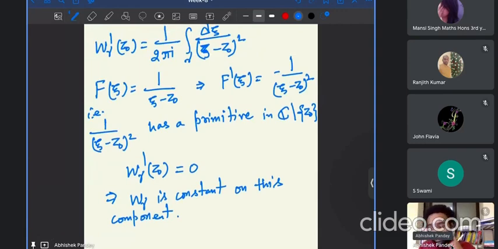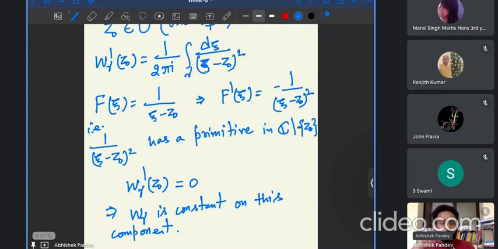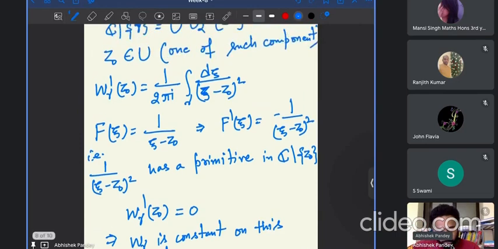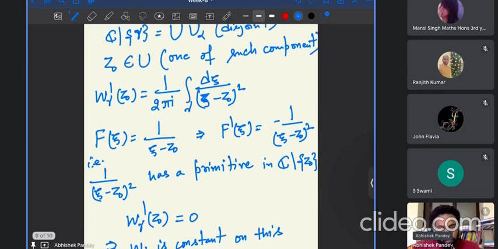Is it clear? So whatever component you get, in that component at all the points, this W gamma is constant. Is it clear or not?